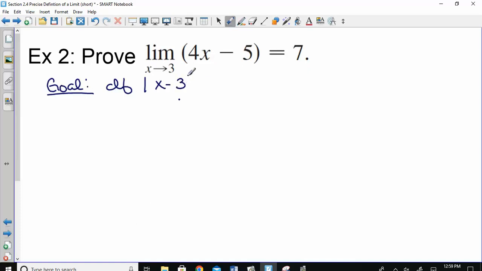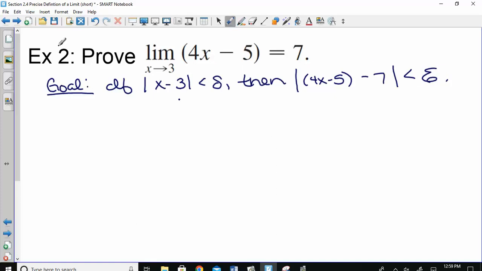So if the absolute value of x minus 3 is less than delta, then the absolute value of f of x, what's my function here? Minus L, what's my limit?